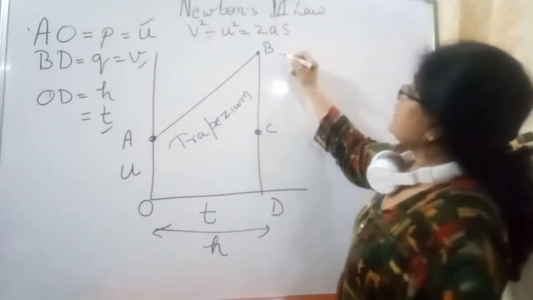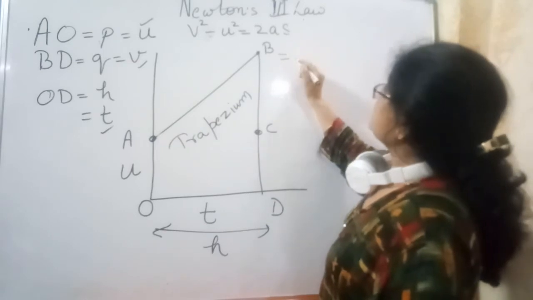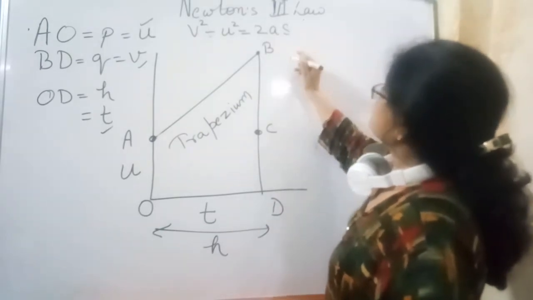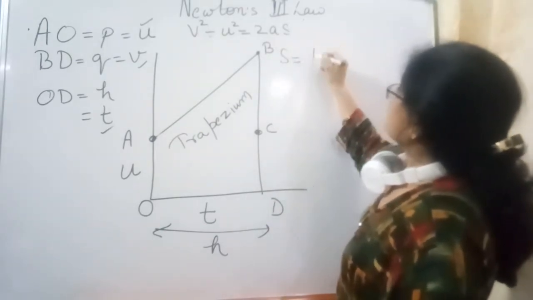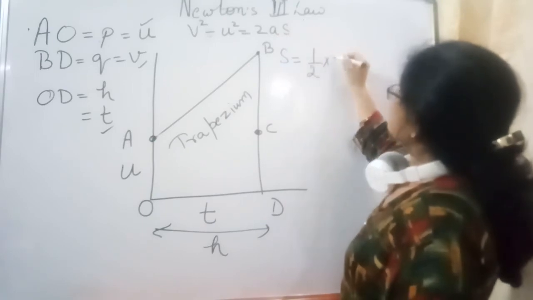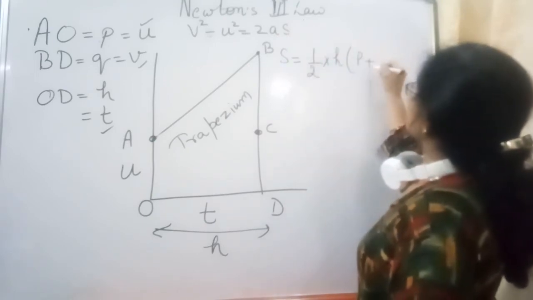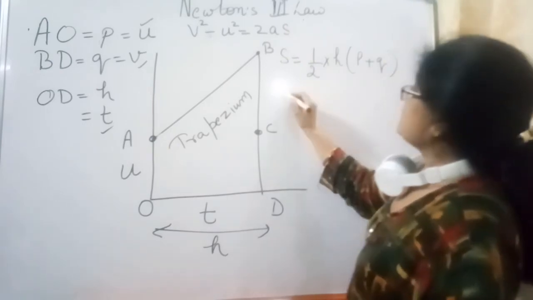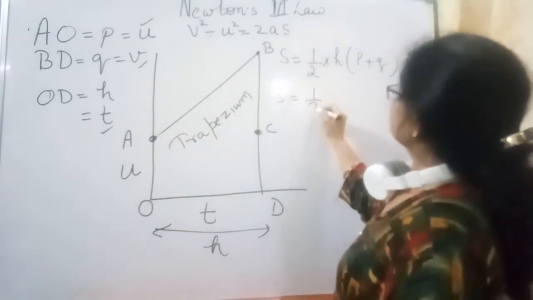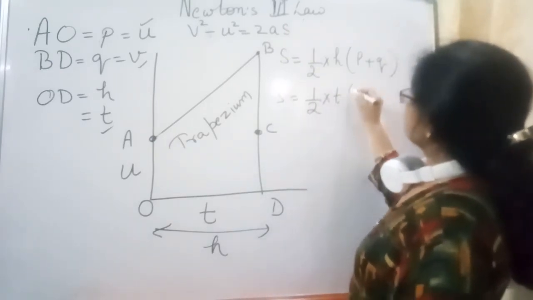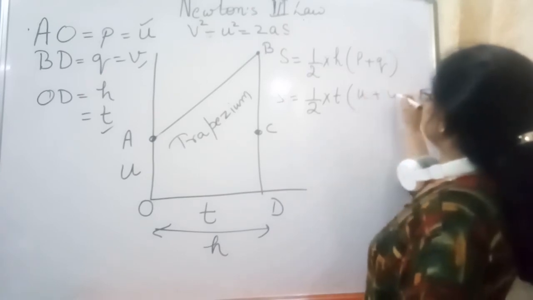Clear? Now the area of the trapezium is the distance covered. Area of trapezium is half H into P plus Q, the sum of parallel sides. That means S is equal to half, H is T, P plus Q is V plus U.